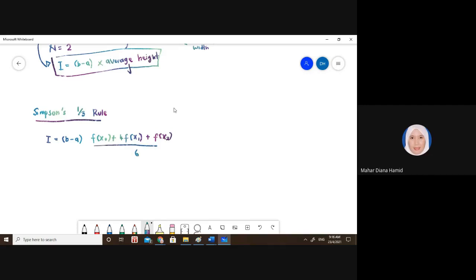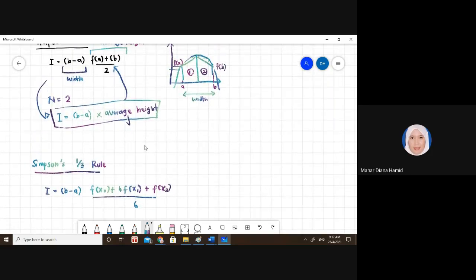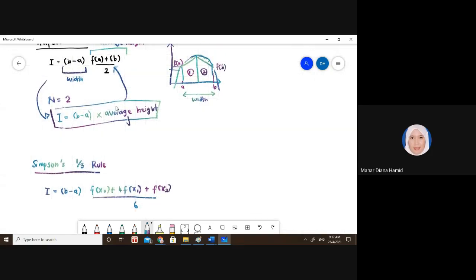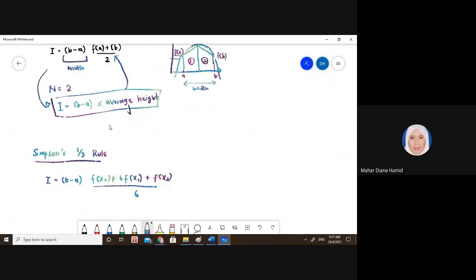So this would be the formula for Simpson's one-third rule, where if we refer back to the generic equation for the Newton-Cotes integration method, this corresponds to the width, and this would be the average height.